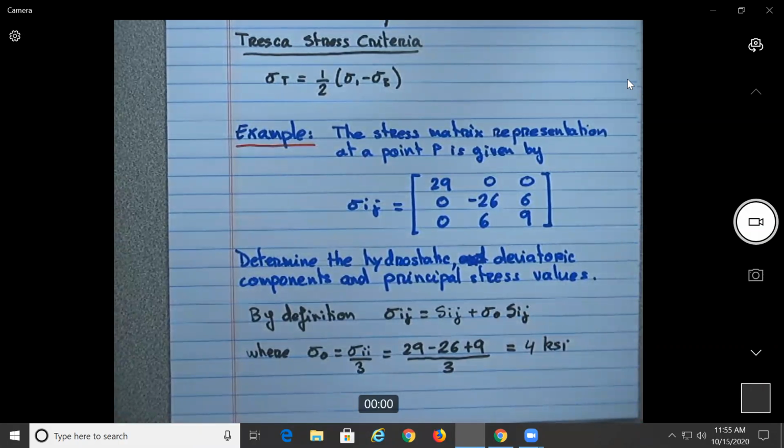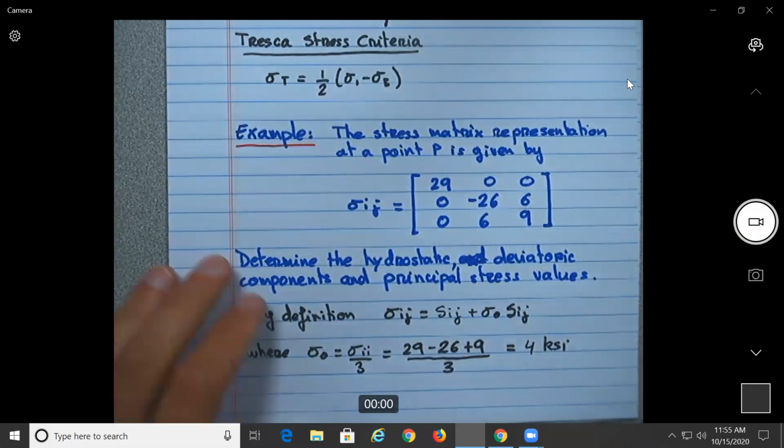So now we know that in order to solve for Sij, we need to solve the eigenvalue problem, no? Okay, so let's just do that.